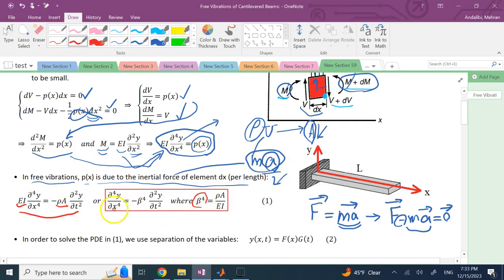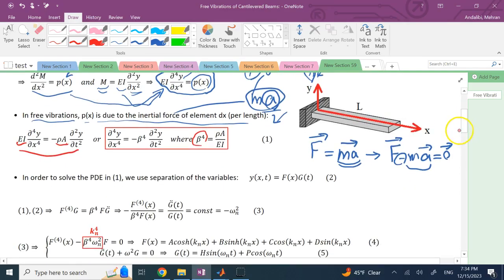And so your equation becomes the fourth derivative of y with respect to x equals negative beta to the 4 times the second derivative of y with respect to t. And this is the vibration equation of a 1D beam, with all the assumptions that we mentioned. Now, how can we solve it?